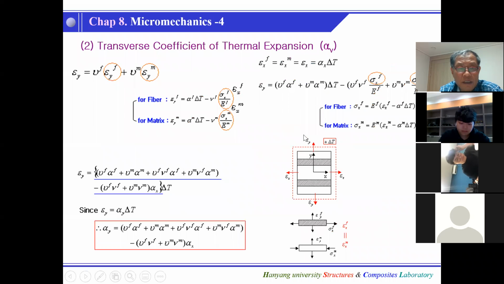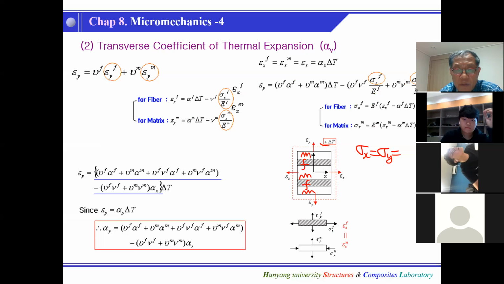Now, how about the CTE in the transverse direction? Again, let's define the problem statement. We have a matrix and fiber, and matrix and fiber, and so on. And there are no external stresses. That's the point.